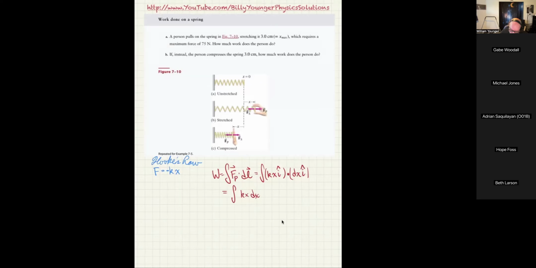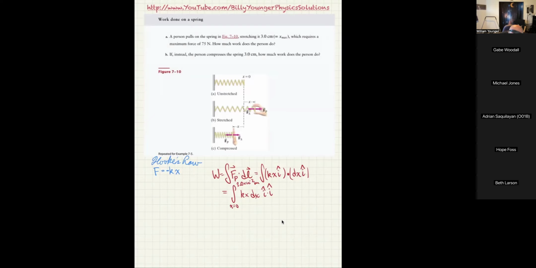I use the linearity of the dot product to pull all the scalars out in front, and then I have I hat dot I hat. And I'm integrating from x equals 0 to 3.0 times 10 to the negative 2 meters, because I have to have it in meters, not centimeters.